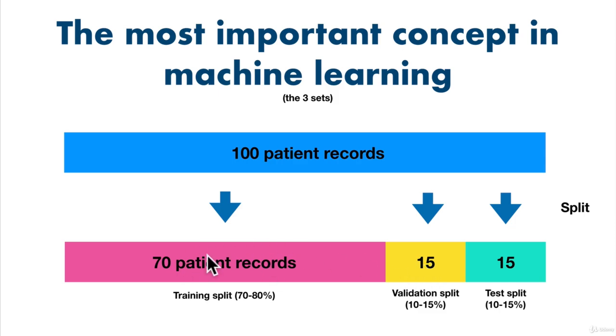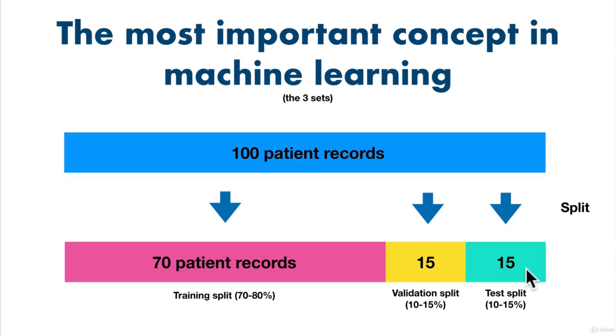So just because your machine learning model's got one set of results on the patient records, you can actually improve them, and we'll see this in a future lesson, on the validation split. The validation split is where you should be testing to see if you can improve it. And finally, once you've improved your model, you can check the model's results, as well as any other model's results that you might have done during experimentation, on the test set.